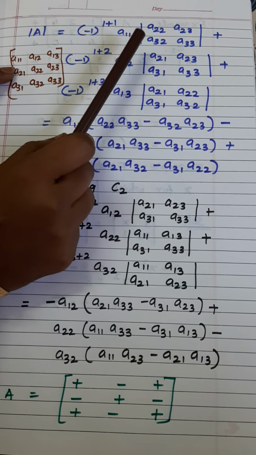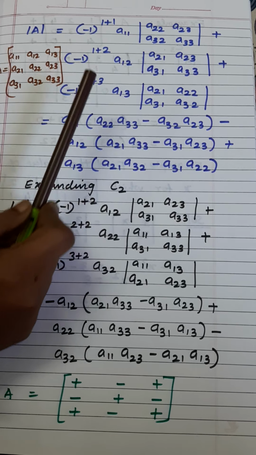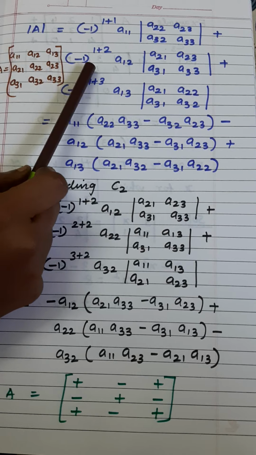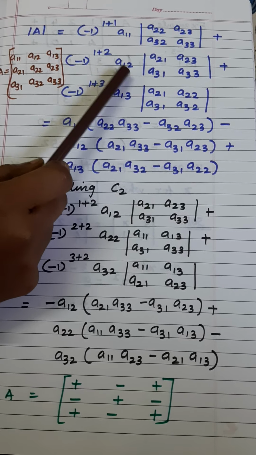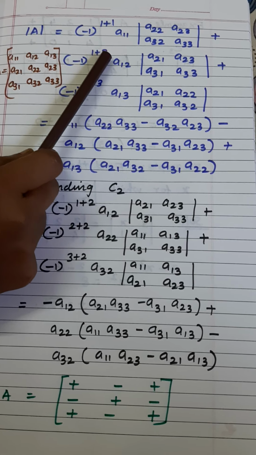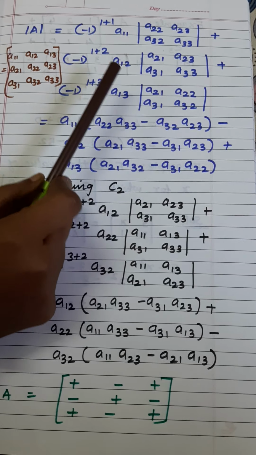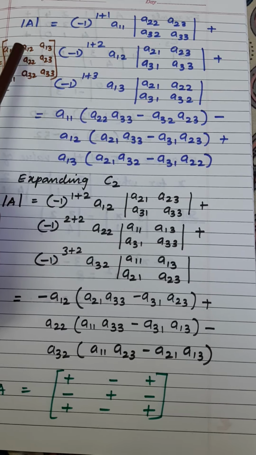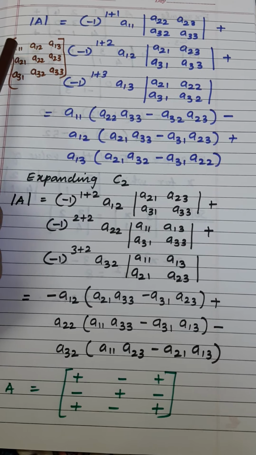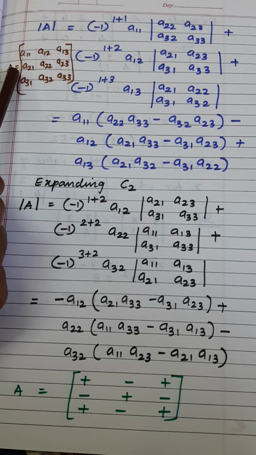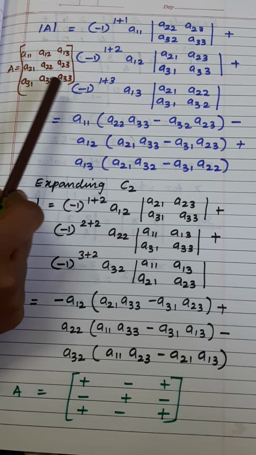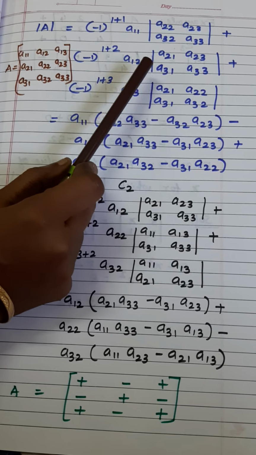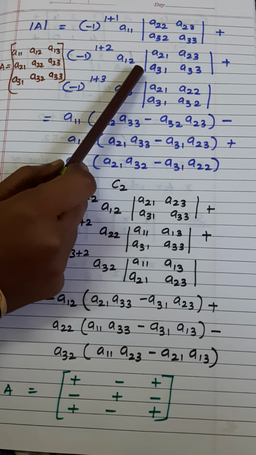So the second order determinant. Plus minus 1, since you are taking the second element A12, the sum of 1 and 2, minus 1 power 1 plus 2 times A12. Now remove the respective row and column, that is the second column and first row. So the remaining elements are A21, A23, A31, A33, giving the second order determinant.